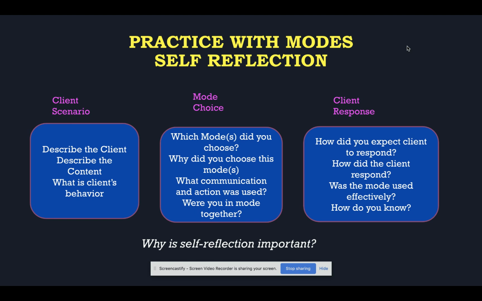Was the mode effectively used, and how do we know? These are things that we need to take into account when we're using self-reflection in order to determine and promote the best use of our therapy session, the best use of time and purpose within that therapy session.